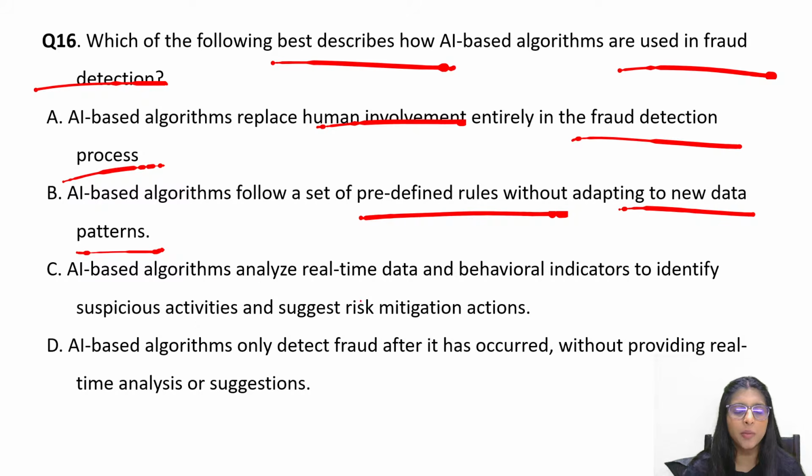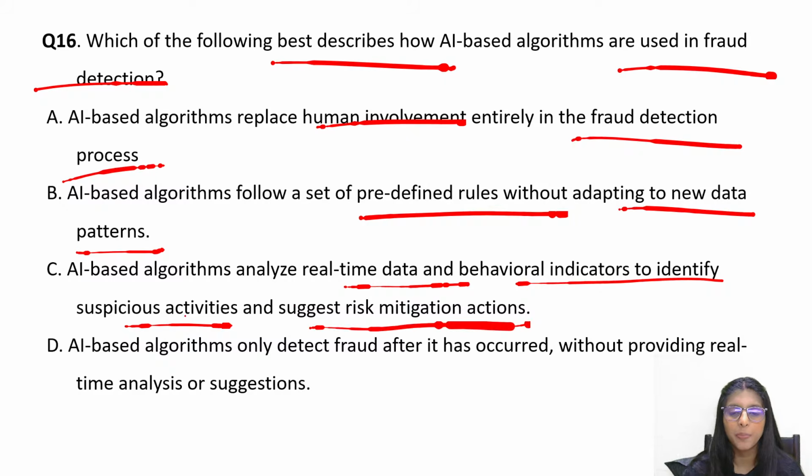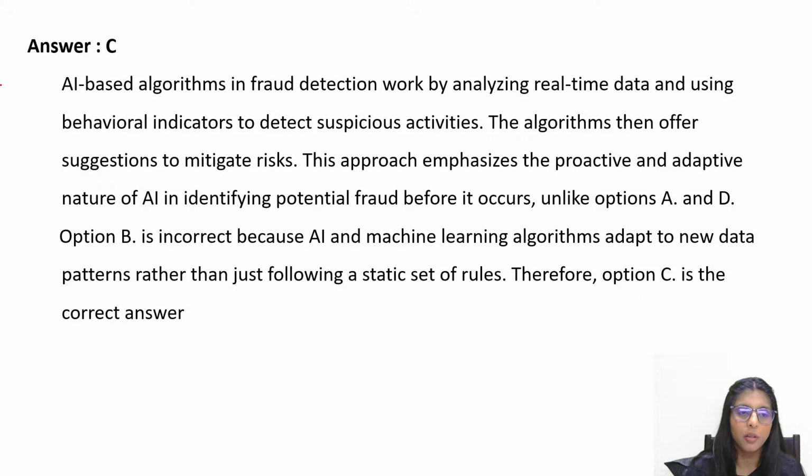AI algorithms analyze real-time data and behavior indicators to identify suspicious activity and suggest risk mitigation action. AI-based algorithms only detect the fraud after it occurs without providing real-time analysis or suggestions. Option C basically best describes the AI-based algorithm.